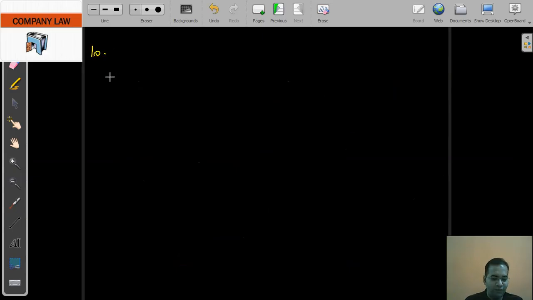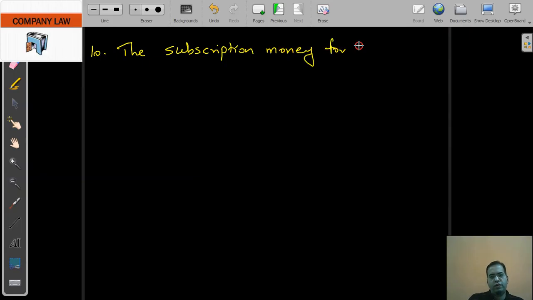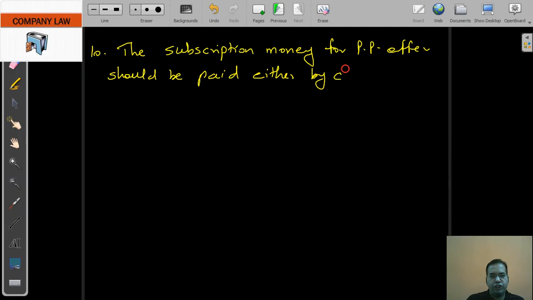As I told you, there are more points. The subscription money for private placement offer should be paid either by cheque or DD and not by cash.